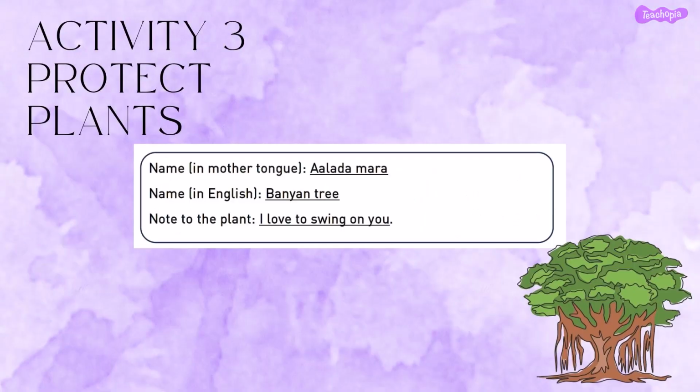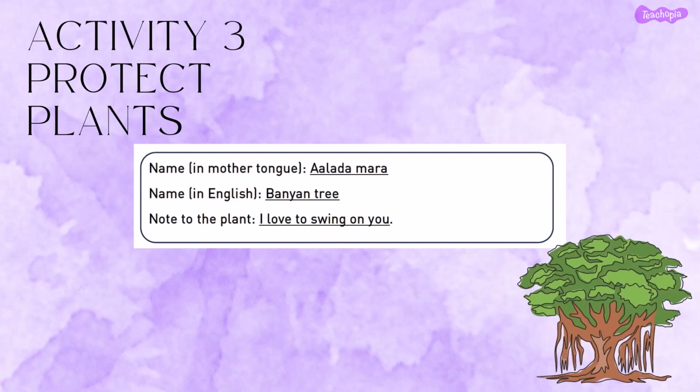Activity 3, protect plants. Go around your neighborhood and identify the different plants that are around you. See what is their name in your mother tongue and what is its name in English, and write a note to the plant.